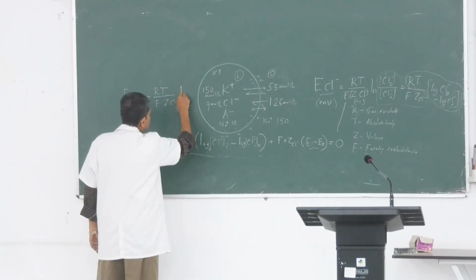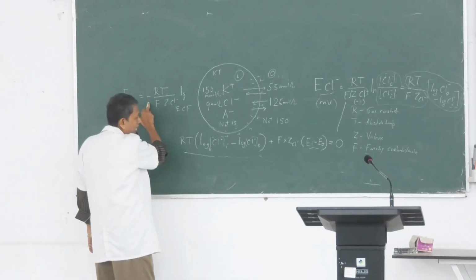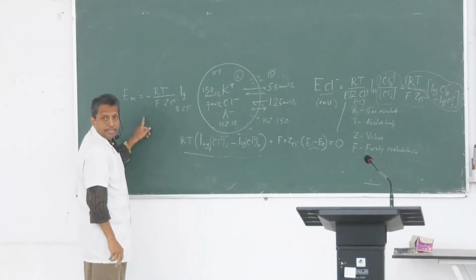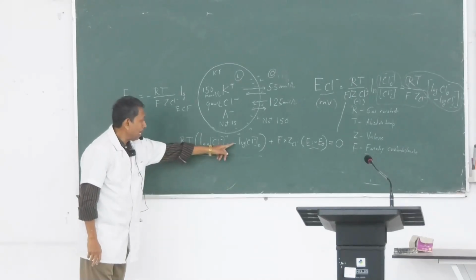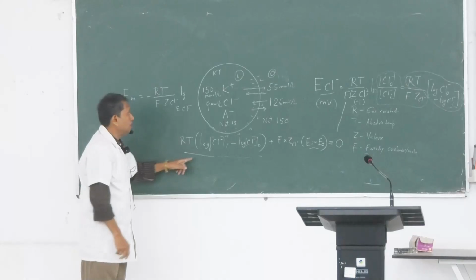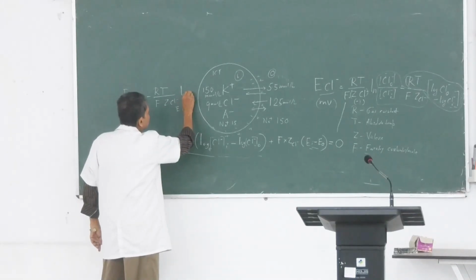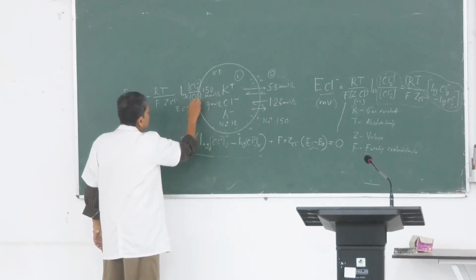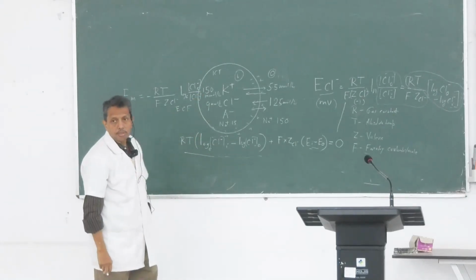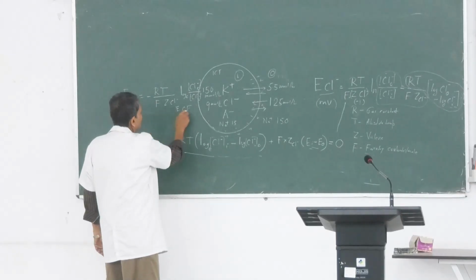If we want to avoid this sign, there is a reversal: it will be plus and it will be minus, log to the base e of the chloride concentration outside and the chloride concentration inside. So this is the equilibrium potential of chloride.